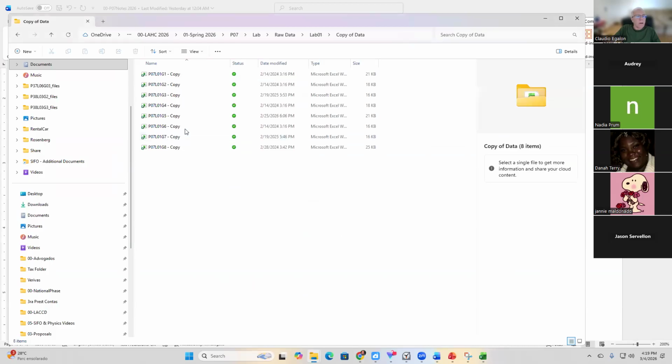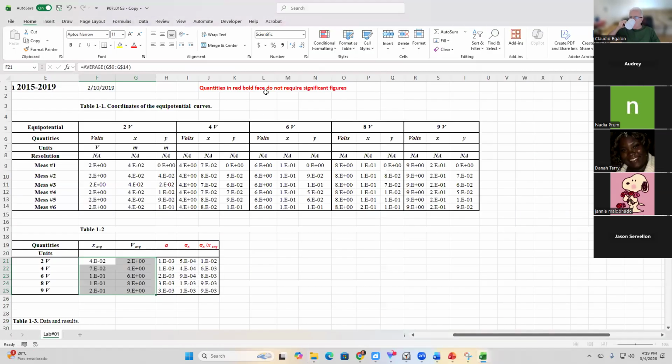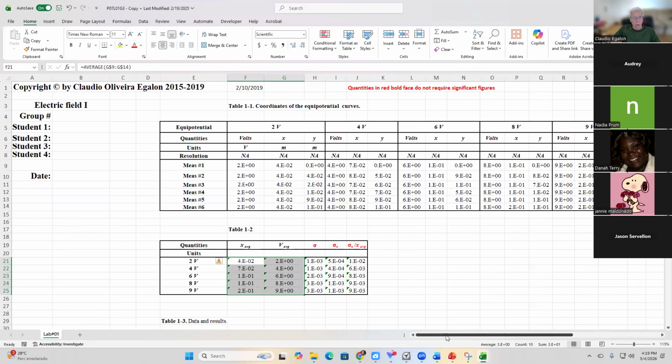Okay, let's get this one here. At this point in time, you must already have your first graph, right? Let's get the notes for the first lab here.